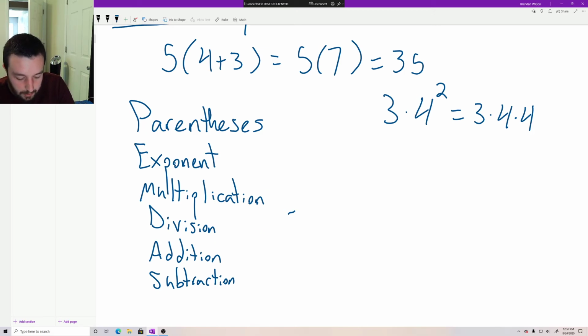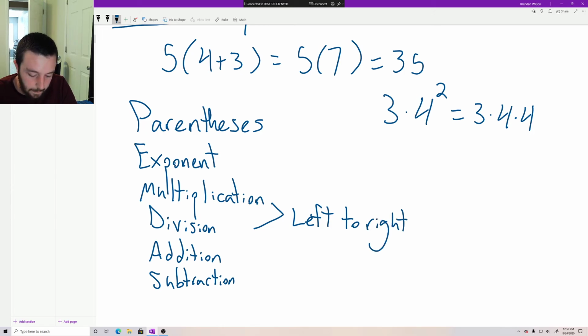These ones should go together, and you should just do them left to right. So you don't always need to do multiplication before division. If you have both of them, you should just approach them left to right.